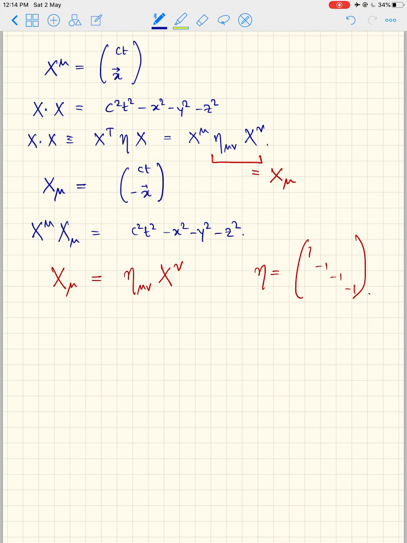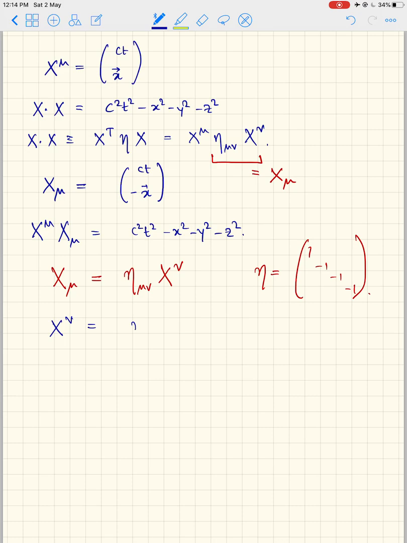Very much like this, you can raise and lower indices with eta mu nu which is downstairs. You can also define the inverse matrix for eta, which is eta mu nu upstairs, given by the same form. And with that, you can actually raise indices as well.